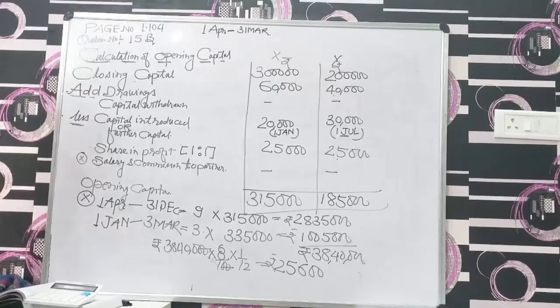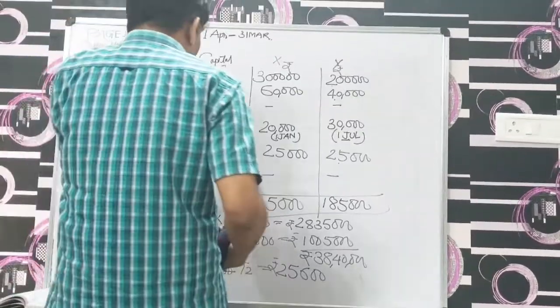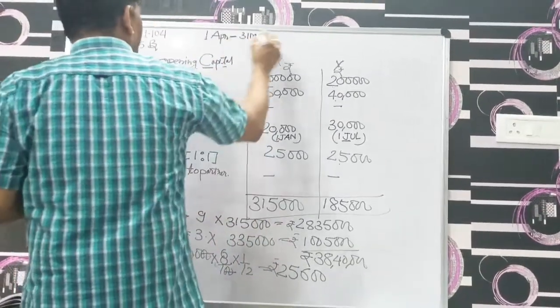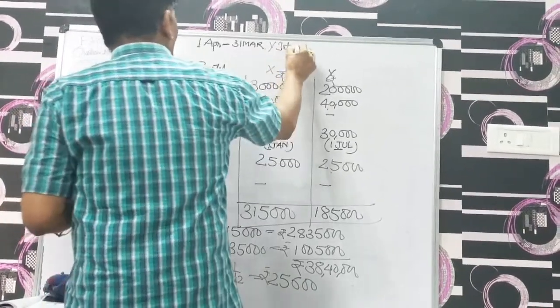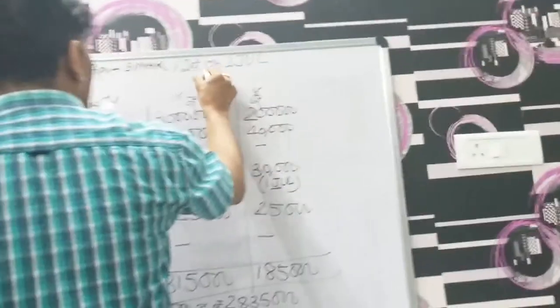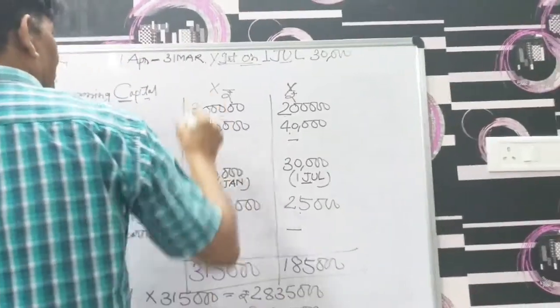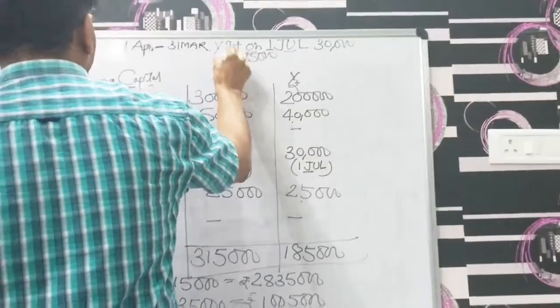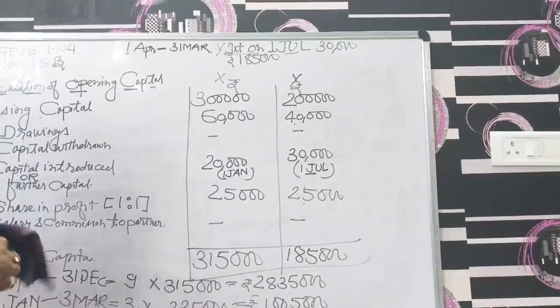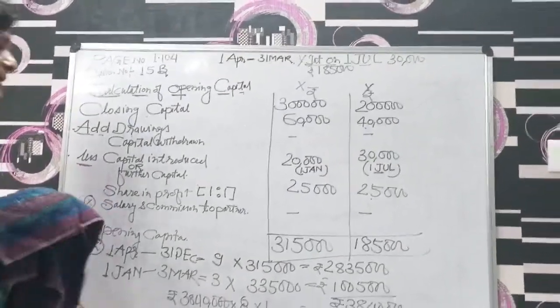So for Y, Y introduced additional capital of 30,000 on 1st July, and the opening capital of Y is 1,85,000. For the purpose of Y's interest on capital we can opt for the statement method.